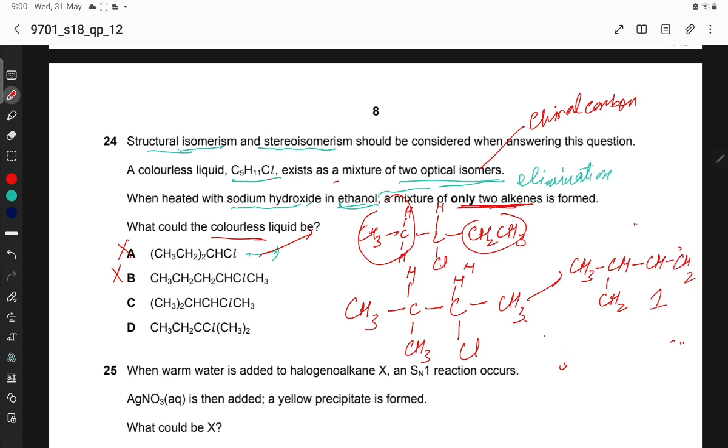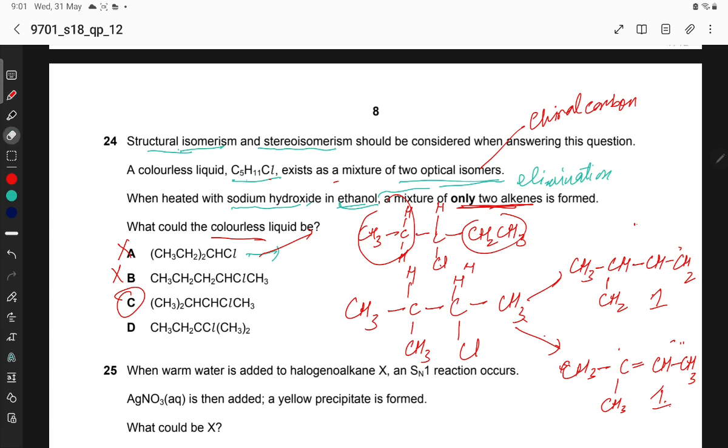This is one, and the second is CH3, C double bond, CH and CH3. So this is not cis-trans because two groups are present. So one is this and one is this. So for option C, only two alkenes are formed, so that's why this option is correct.